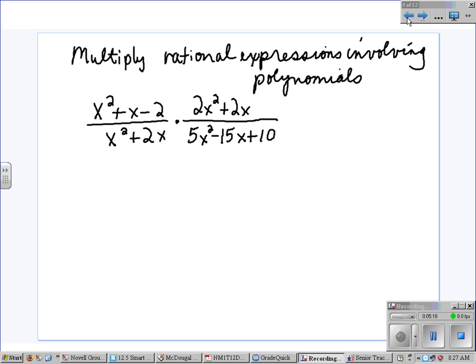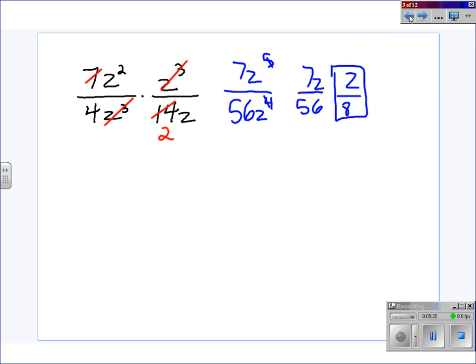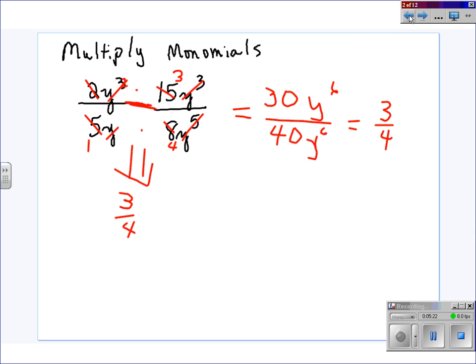All right, let's go back to our first one. We forgot to mention what y cannot be equal to. Zero. In this case, you're looking down here, you're saying, okay, it's 0. How about this one?